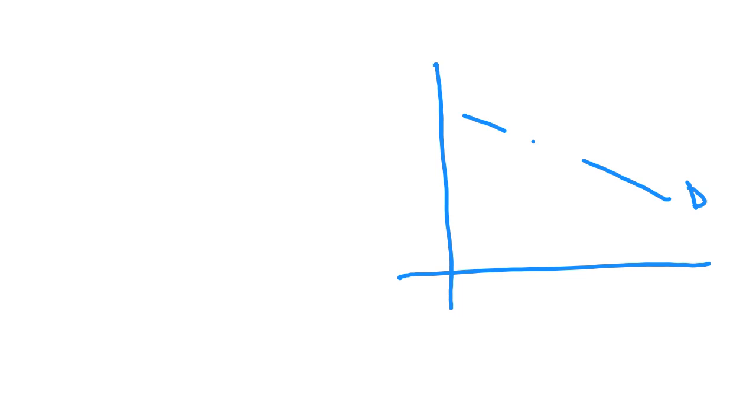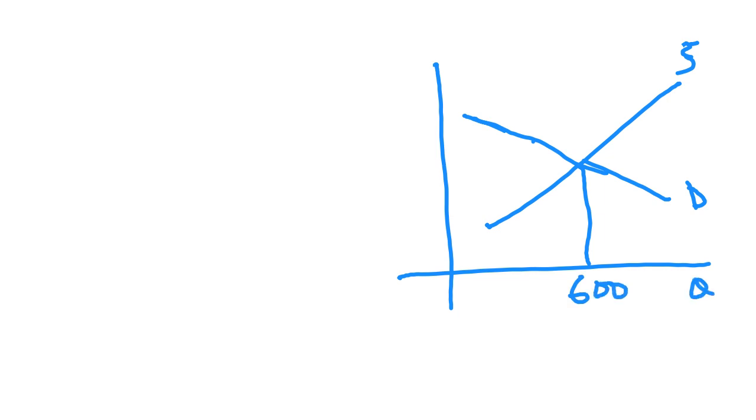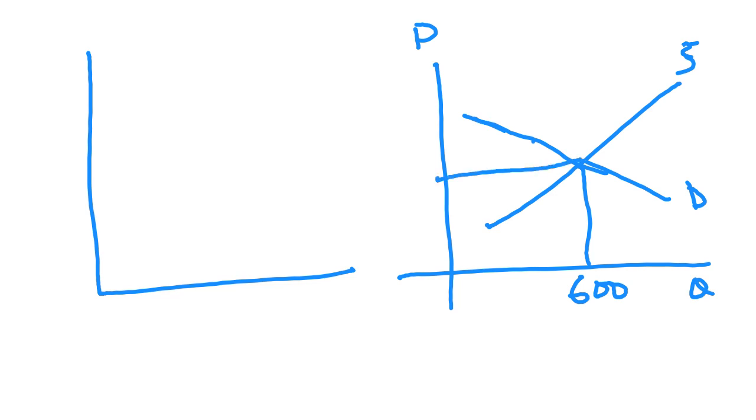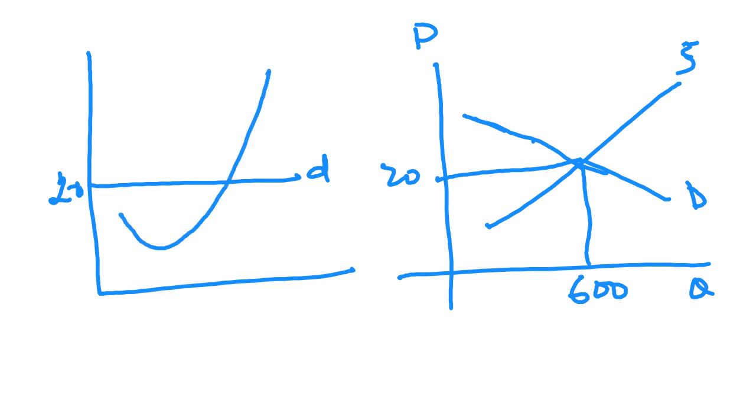So this is demand. This is supply. This is 600, capital Q, price. This is the firm's diagram. Price is 20. I'm not writing marginal revenue and average revenue every time. This is $20, right? I draw the marginal cost curve like this. This is the intersection point. This is 6. I know there are 100 firms.